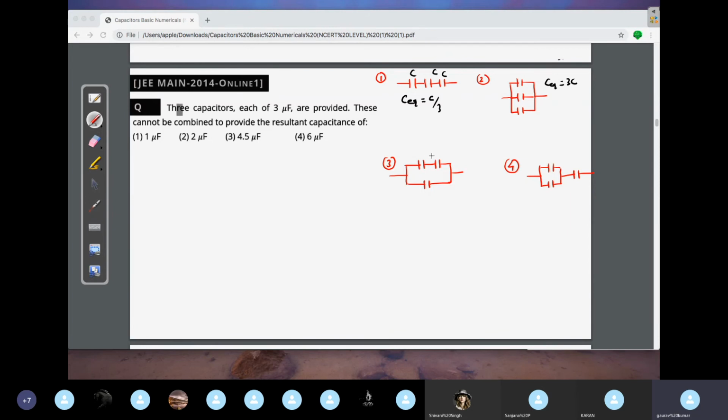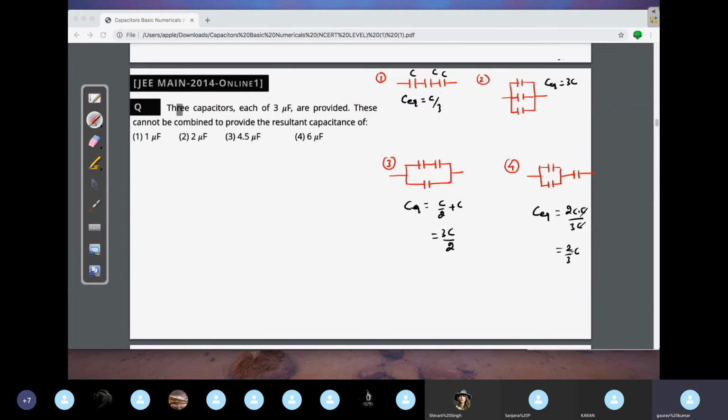In this case, 2 in series will give you C by 2, and C in parallel, so C equivalent will be C by 2 plus C, which is 3C by 2. The last possibility: 2C in series with C, so 2C into C by 3C, we get 2 by 3C.